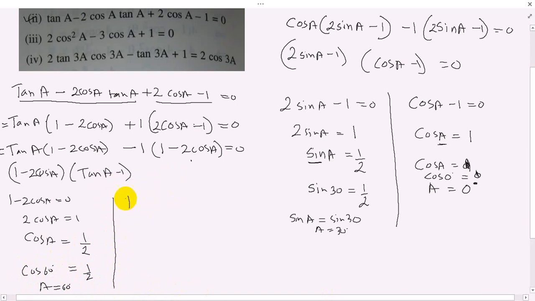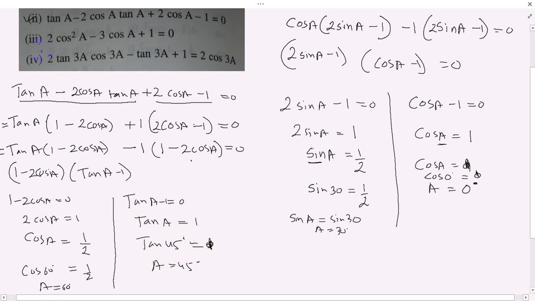Now what is left? Tan A minus 1 is equal to 0, tan A is equal to 1. For which value is tan A 1? It is 45 degree. So tan 45 degree is equal to 1, so A is equal to 45 degree.